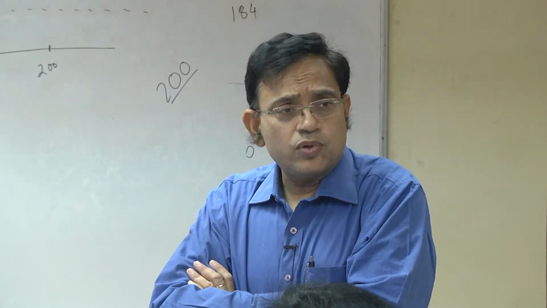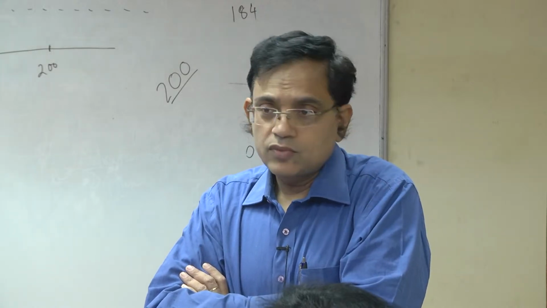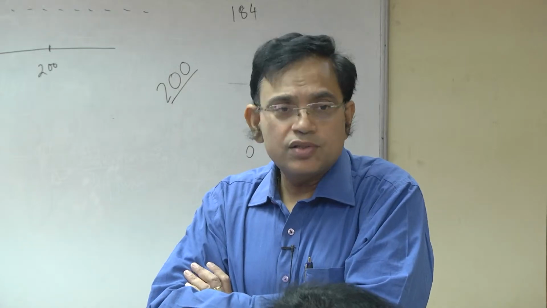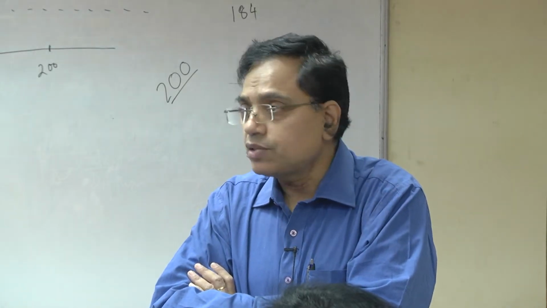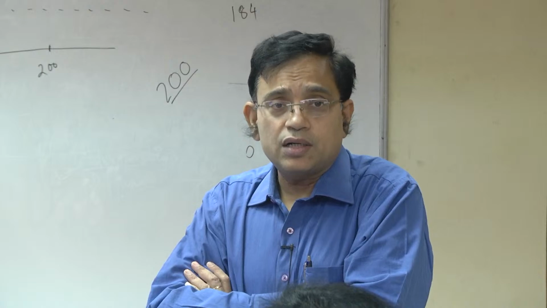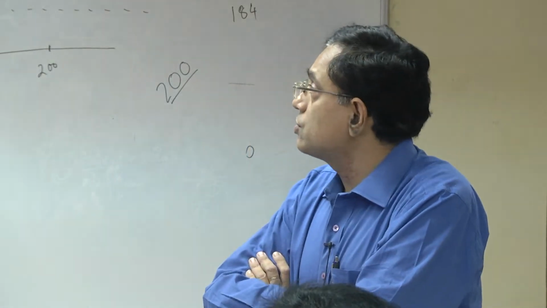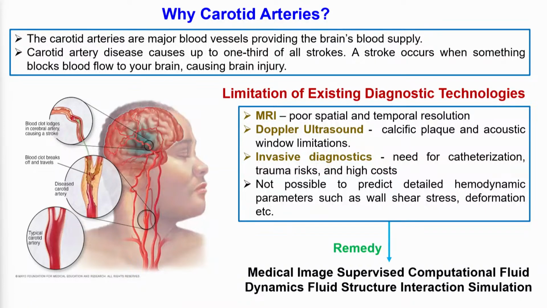Coronary artery is more commonly talked about, being the main ones which come out of the heart, but the carotid artery is no less important because its disease causes up to 1/3 of all the strokes. And as I discussed earlier, the stroke is different from heart attack, in that it is just something that blocks blood flow to the brain.